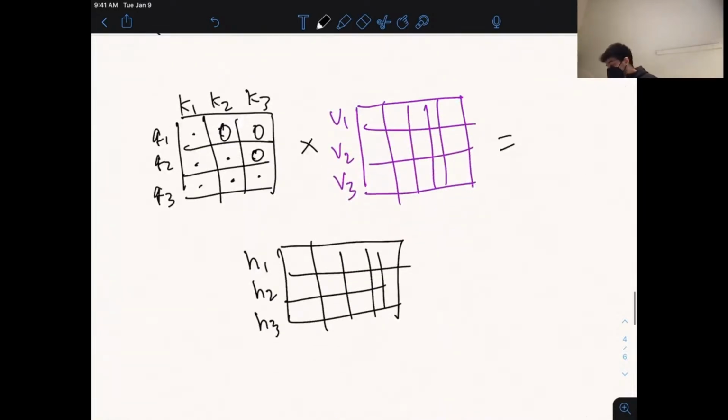So I've computed H1, H2, H3, all in just one operation, essentially like one batch matrix multiplication. There are no dependencies between H1, H2, and H3, which allows me to do this. So this is the basis of self-attention.